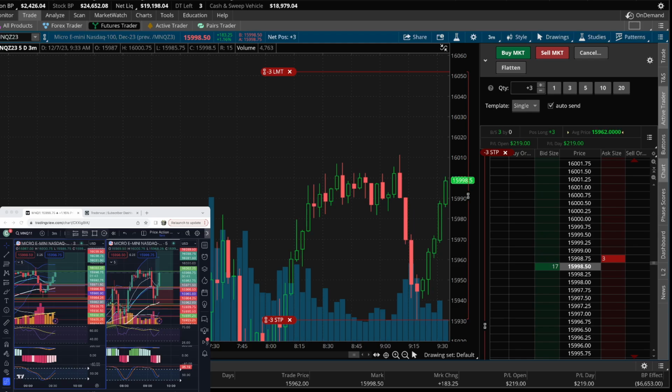But the 1 hour is pretty decent, and the 4 hour thus far, I really like quite a bit. So when I get the opportunity to couple a move off of a fair value gap in conjunction with the rules to my strategy, I'm a big fan of that.